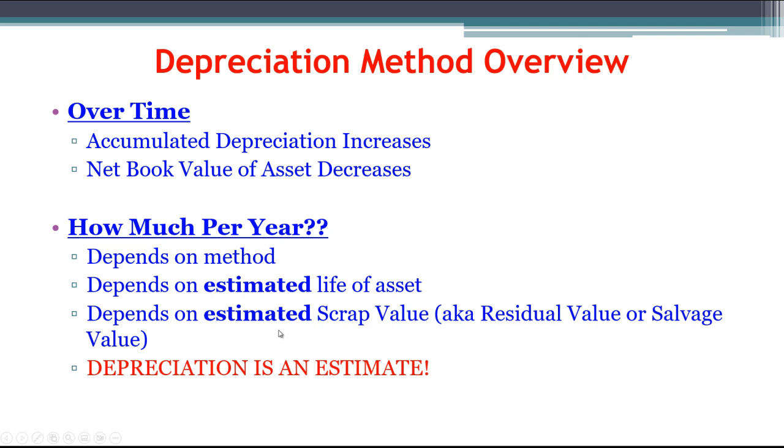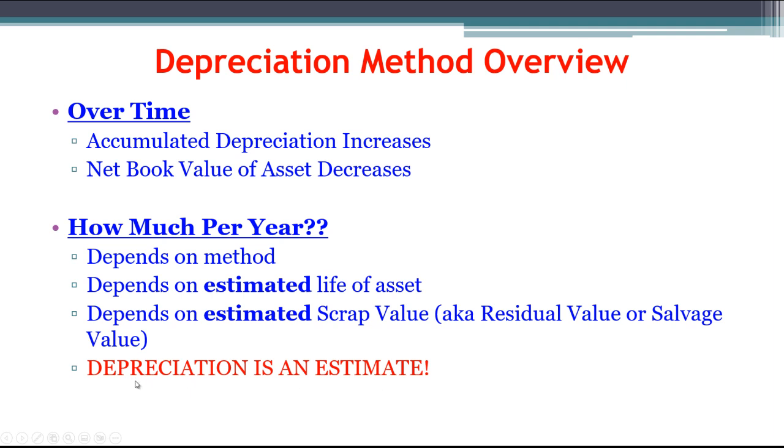This is basically the amount of that cost that we do not want to depreciate because we don't think we're going to use it up. We think when we get ready to sell this that cost will still be there. We're not going to use it in our operations. And it's an estimate. In fact, certainly these last two are estimates, but even the first one is an estimate about how quickly it'll depreciate. The method estimates how quickly it'll depreciate over its life.